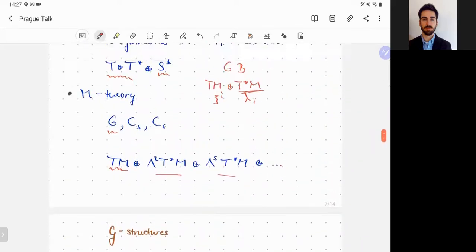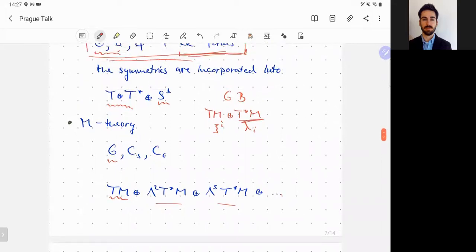Is this clear? This was a lightning review of the bosonic spectrum of, I guess I called it M theory here again, not being consistent, of that 11-dimensional massless limit of M theory. Is there any question, or should I proceed?